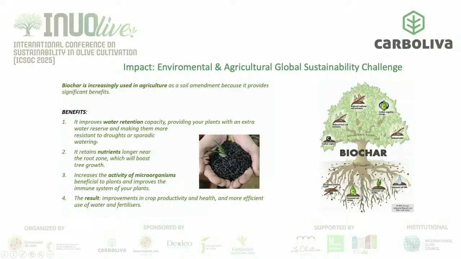It retains nutrients longer near the root zone, which will boost tree growth. It increases the activity of microorganisms beneficial to the plants and improves the immune system of the plants. And the final result is improving productivity and health, and more efficient use of water and fertilizers.